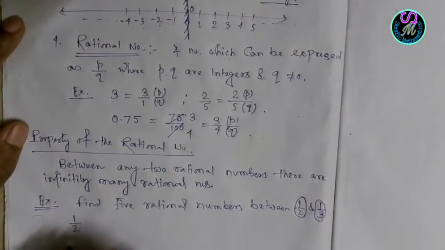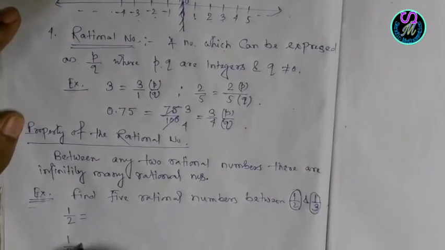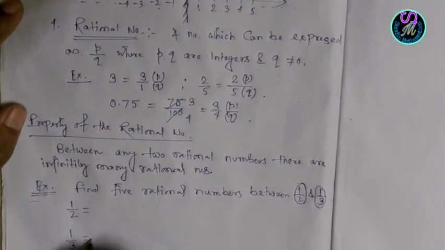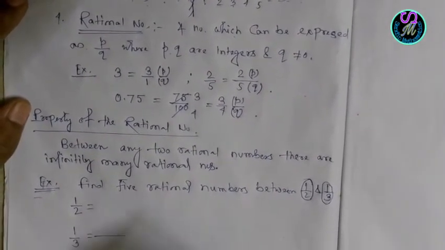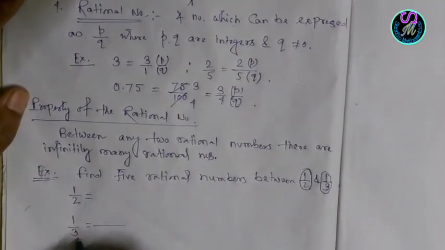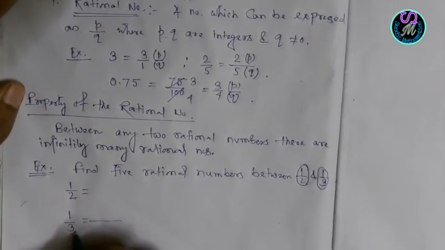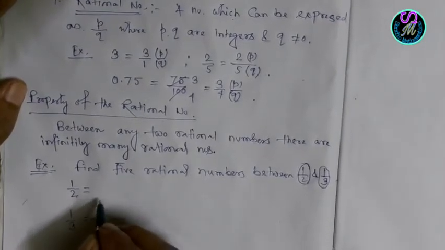The first condition is that we have to represent the two numbers with the same denominator. Here the denominator is 2 and here the denominator is 3. So at first we have to make the two denominators the same.